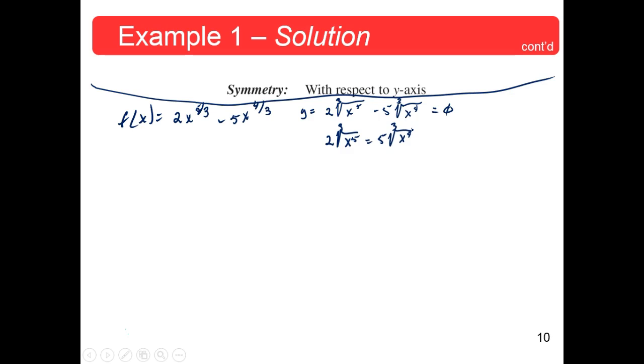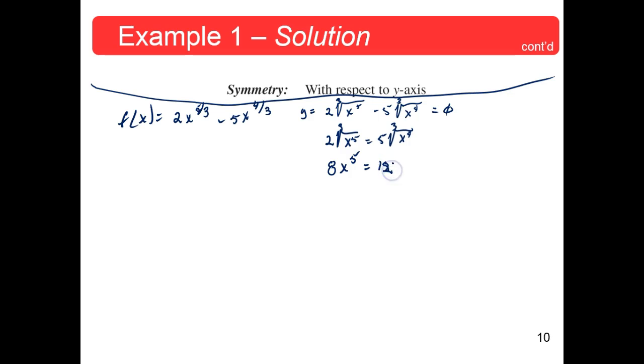Okay? Now, what I would be tempted to do in a problem like that is cube both sides, to get rid of the roots. So this will be 2 cubed is 8 x to the fifth, right? Because when you cube a cube root, you just get what's under there, right? Is equal to, and when you cube a 5, you get 125. Excellent.